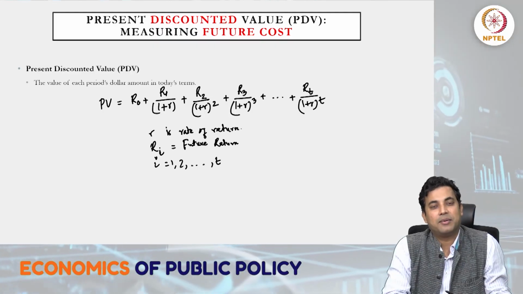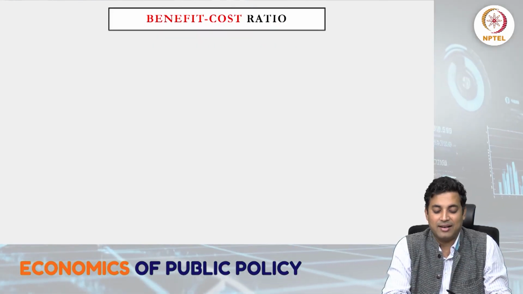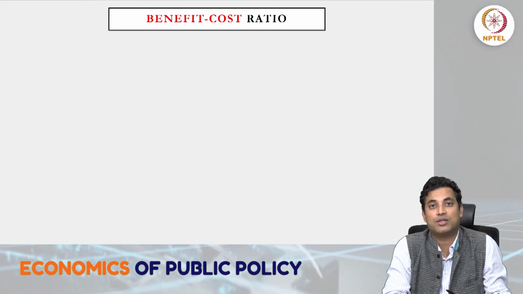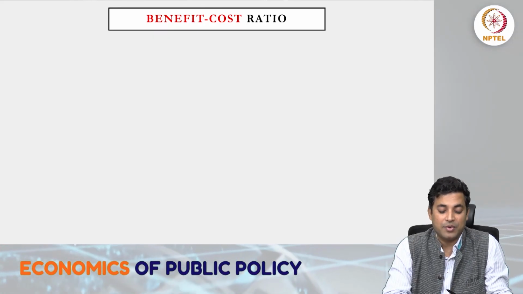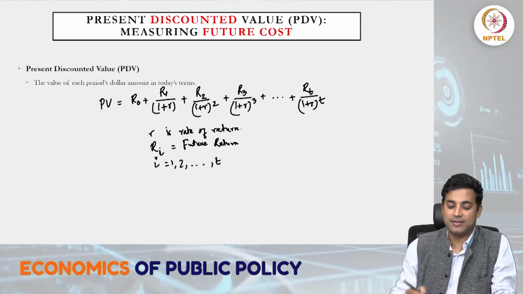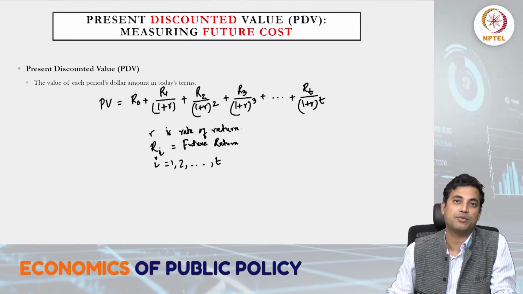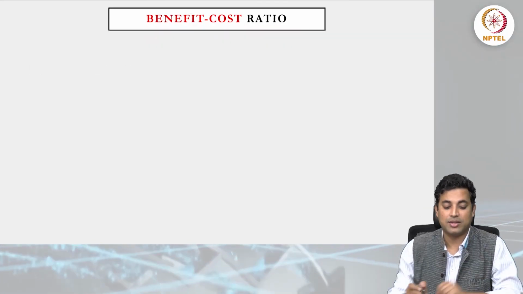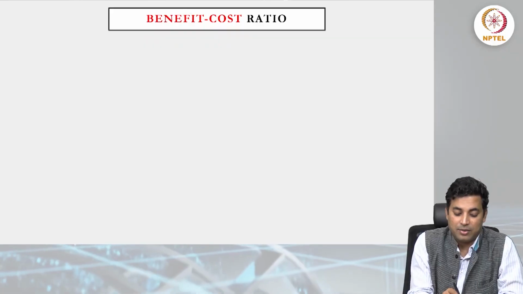Okay, so let's move to the next point. We also need to calculate the benefit-cost ratio, which is very important. Following the present discounted value, the same method we can also follow to calculate the benefit and the cost. So let us first calculate the benefit.